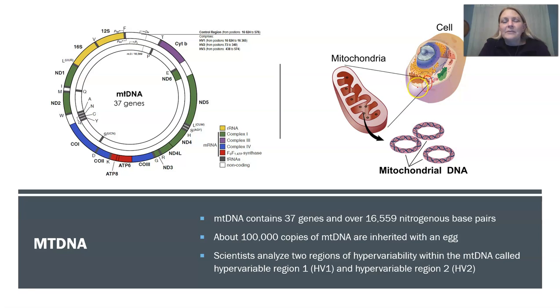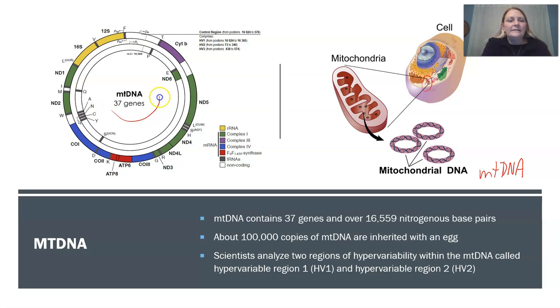And here is a little mitochondria. And within the mitochondria are these little circles of DNA, and that's what we call mtDNA. So it looks a little different than the DNA that's in your chromosomes.